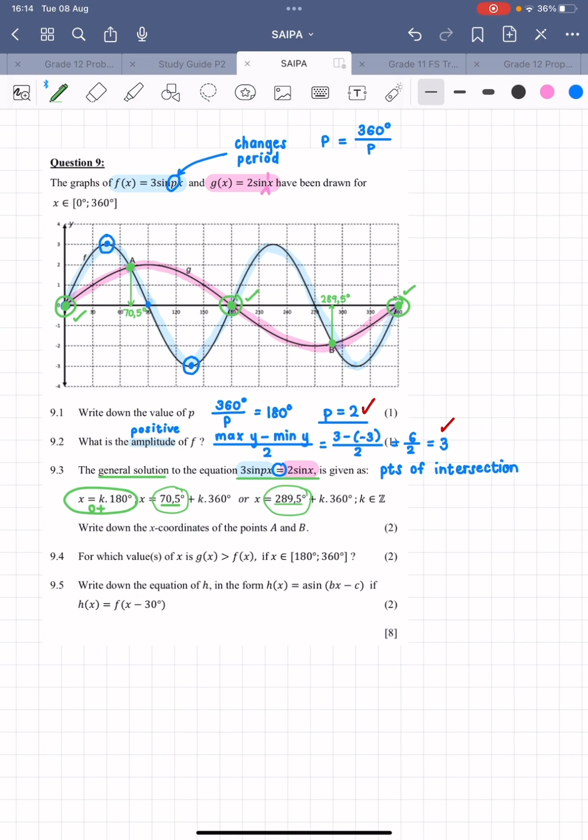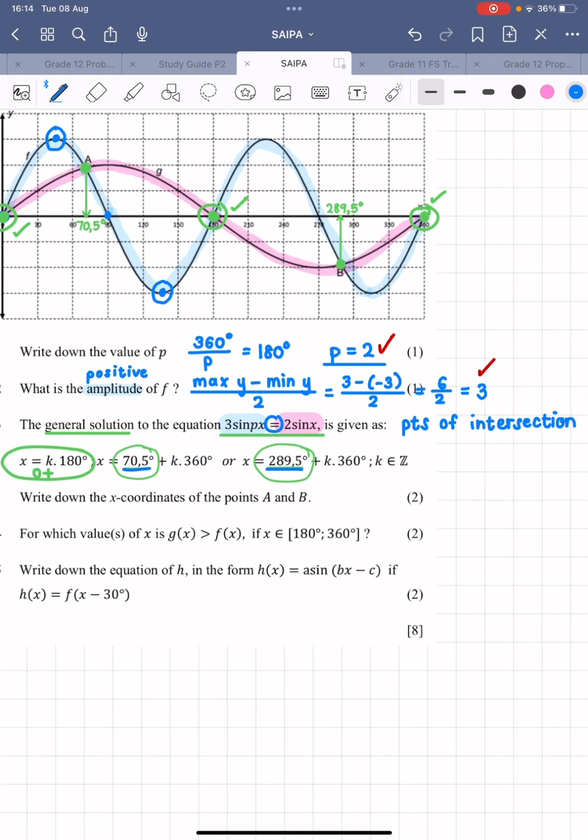So now they're asking us for this question to write down the x coordinates of the points A and B. So they've essentially given us those x coordinates by giving us the general solutions with these two values in. All right, so the x coordinate of A is 70.5 degrees, and the x coordinate of B is 289.5 degrees.